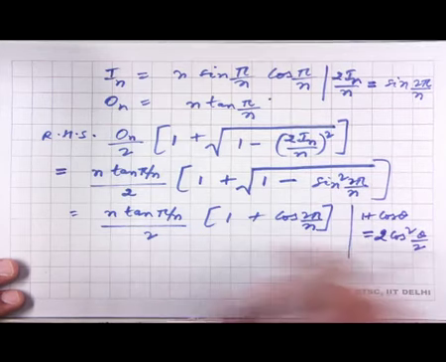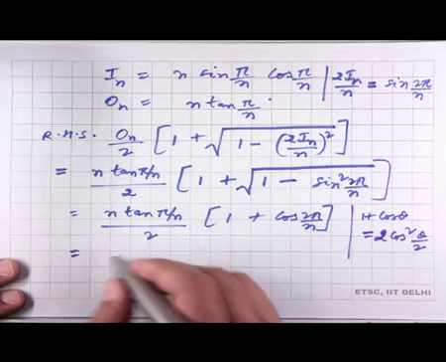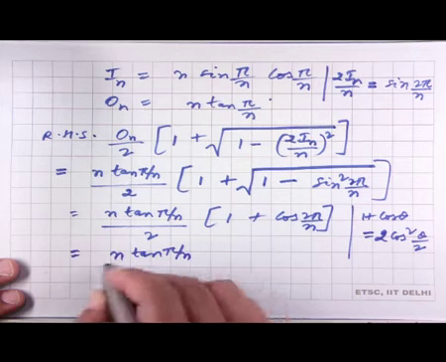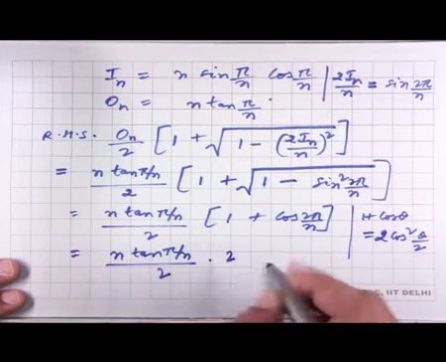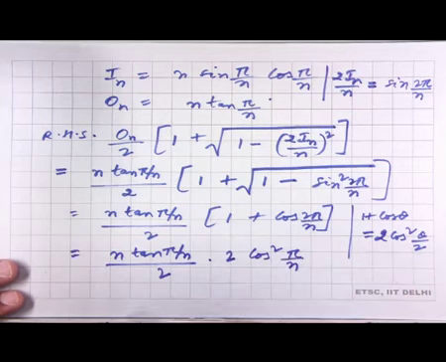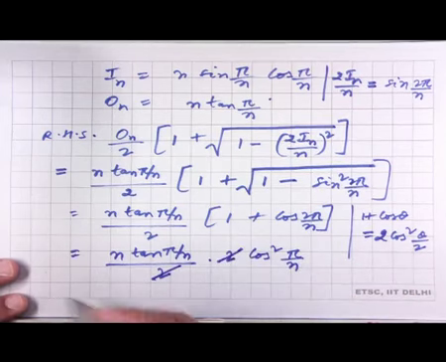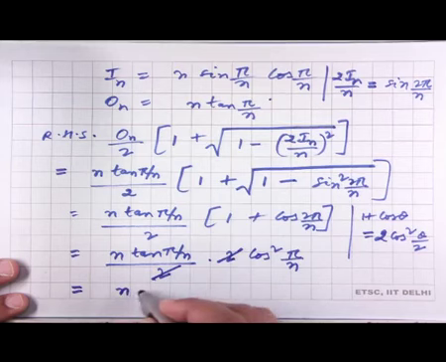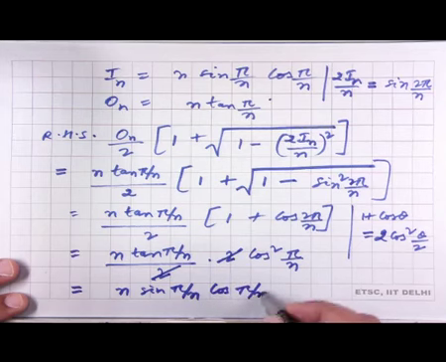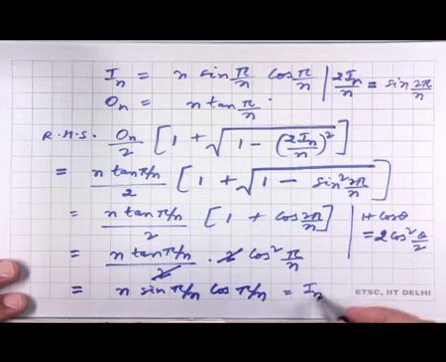So, using this here we get cos square pi by n. So, this gets cancelled and we finally get n sin pi by n into cos pi by n, which is equal to the expression for I n.